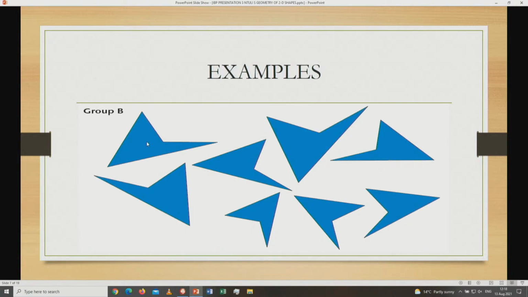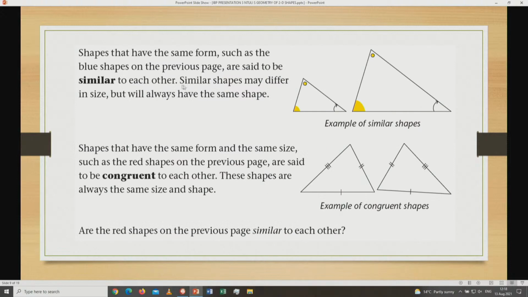Remember about similarity, it said that they must be the same shape but different sizes. Yes, you can see. These are the same shape. I can see one thing and the same, but they are different in sizes because this one is bigger than this one. And also this one is bigger than this one. Also this one is bigger than this one. So it means, yes, they are similar, that this is true.